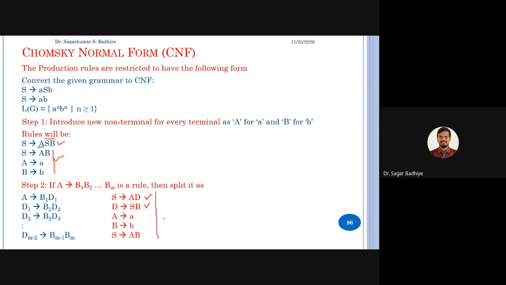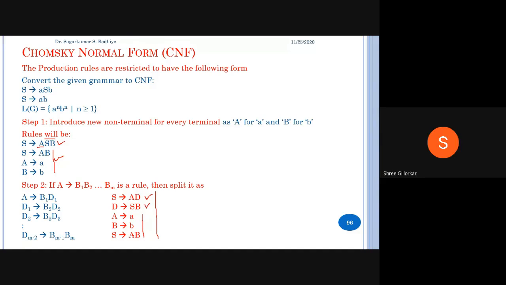Is there any difficulty in this? This is the easiest thing. Sir, that last step not understood. Which one, step 2? Sir, S derives to AB not understood. This one? Was S not already there, deriving to AB? We have just added it. Yes sir, those rules are already there.